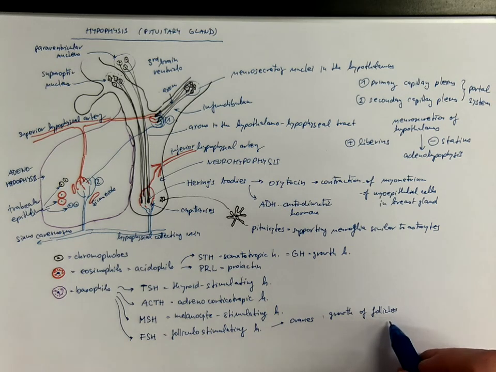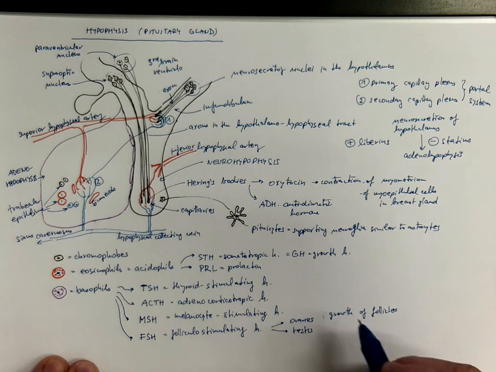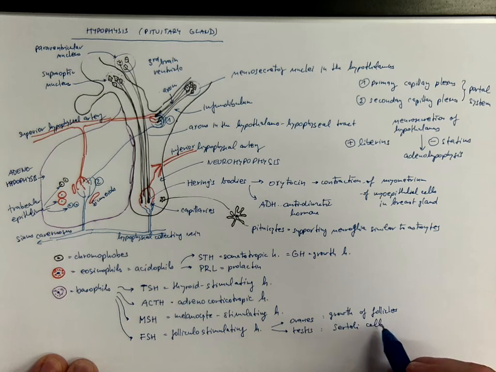An ovarian follicle is an oocyte in various stages of maturation, surrounded by some follicular cells. But it also has a function. It affects testes, and their target cells are Sertoli cells that support spermatogenesis.